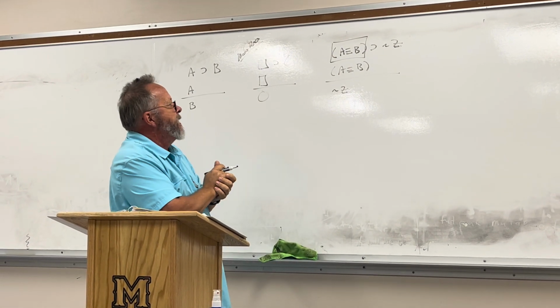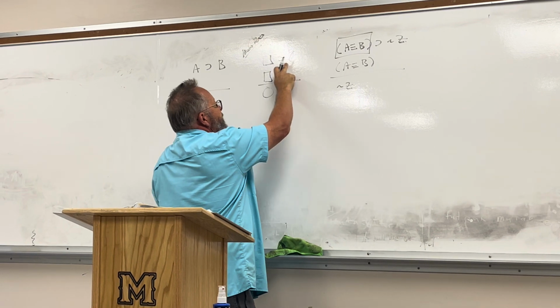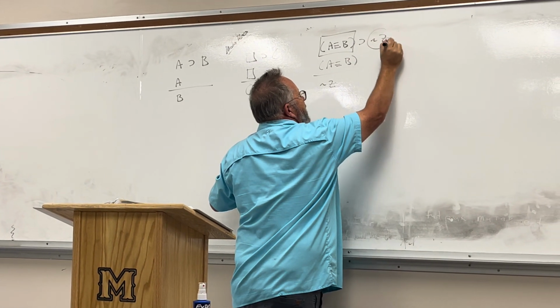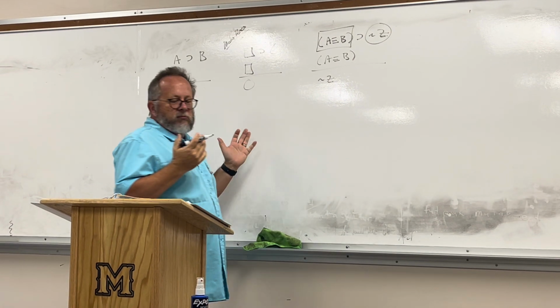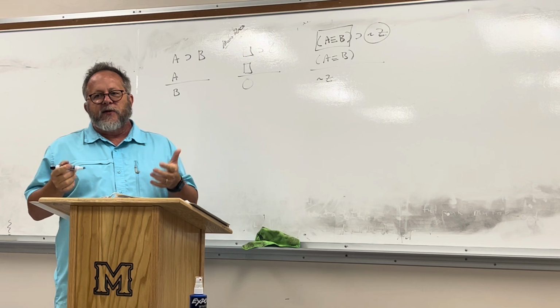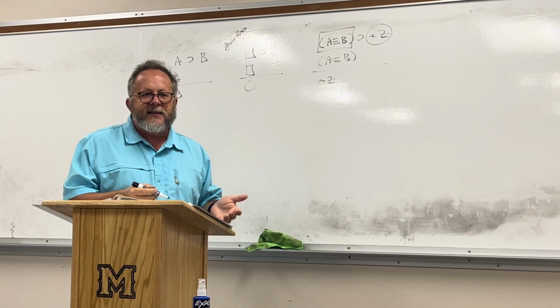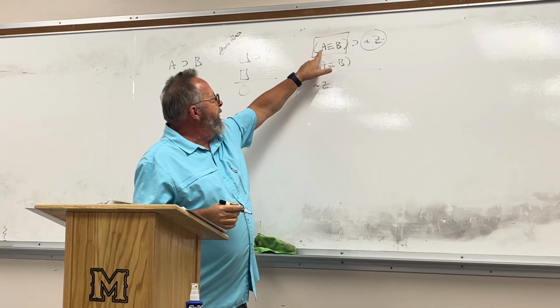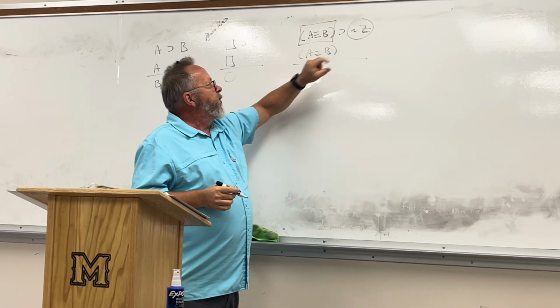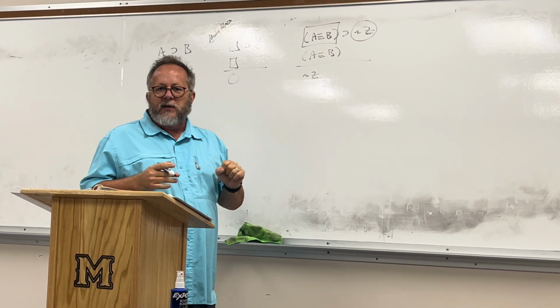And everything behind the conditional is a circle, so not Z is a circle. Now what I have to do is substitute consistently. Wherever I see A if and only if B, I need to use a box, and wherever I see not Z, I need to use a circle.